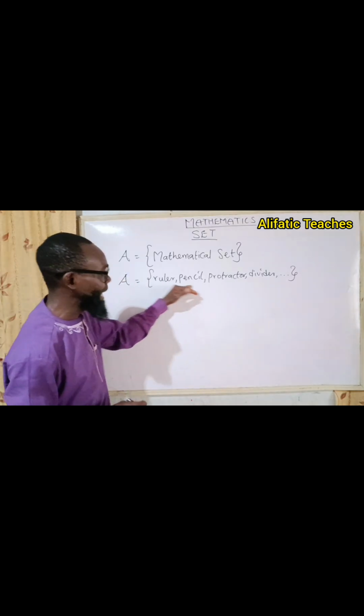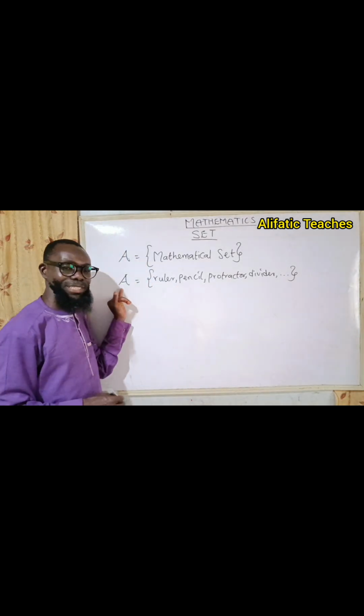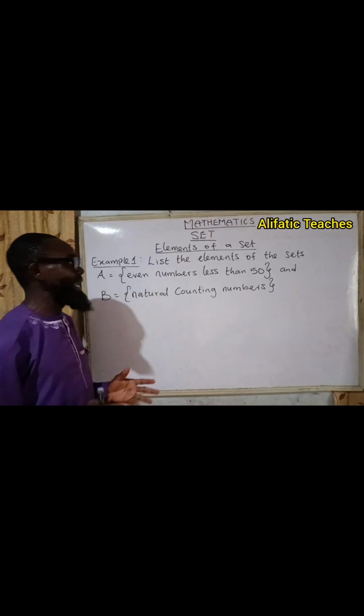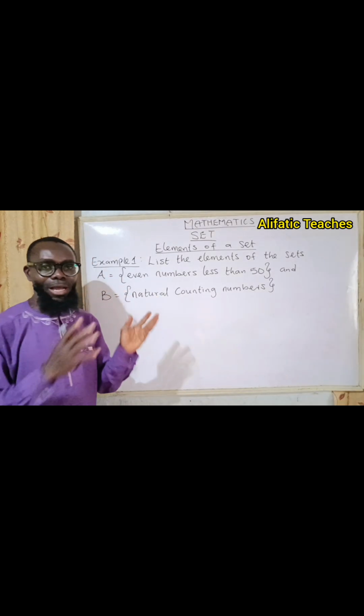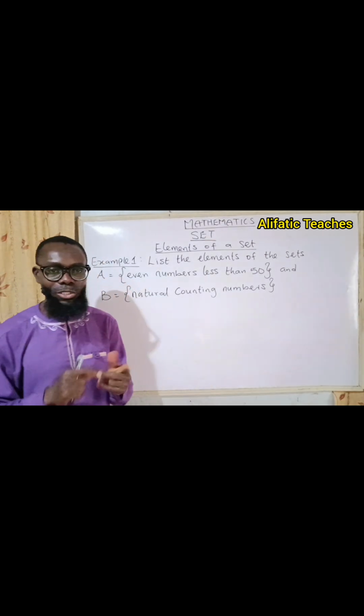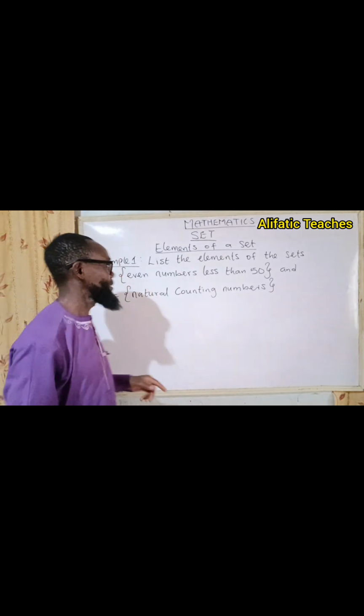So these are the elements of the set, while this capital letter represents that set. Set A. Let's look at the elements of a set. As I explained earlier, the elements of a set are the members of that set, the members that make up that set.